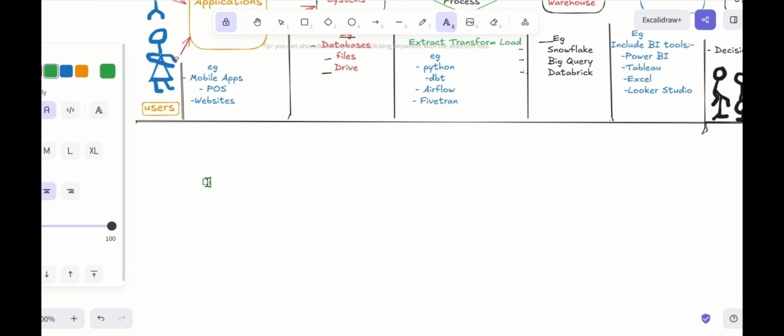One of the differences, number one, is the tools, or technology.